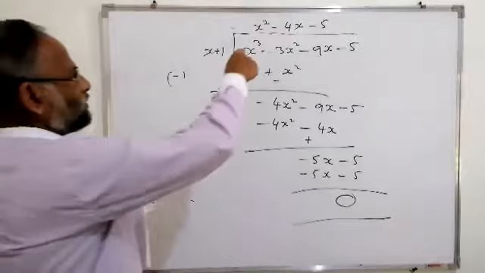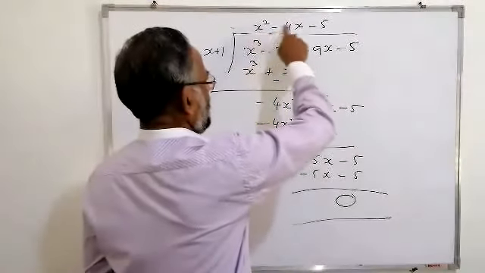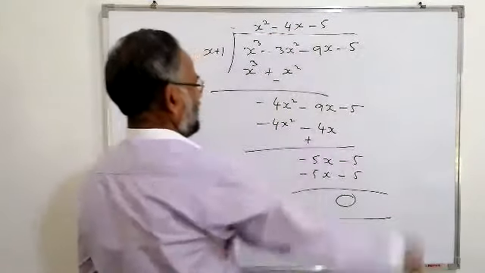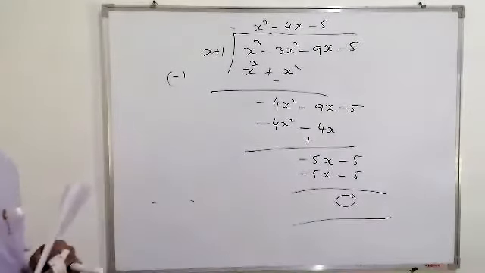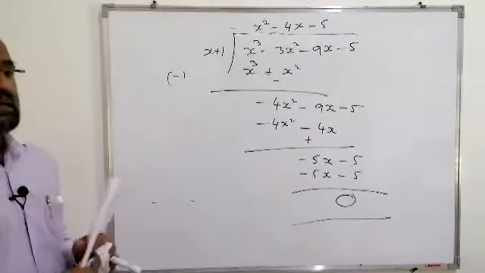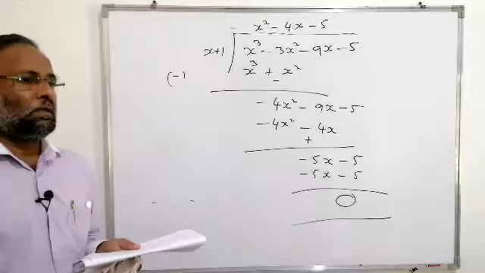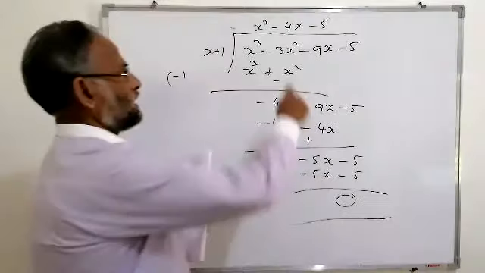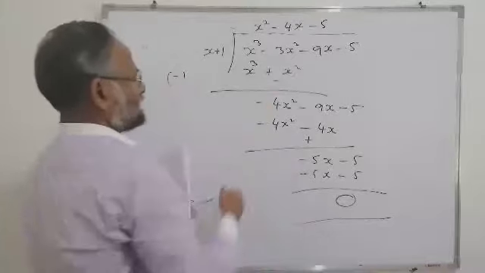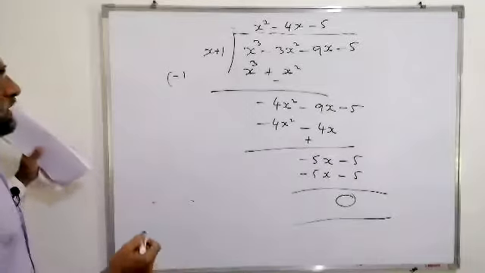Again you have to factorize x squared minus 4x minus 5 by splitting the middle term. That means we know 3 zeros will be there. One factor we got, 2 factors are here. Now all of you factorize x squared minus 4x minus 5.